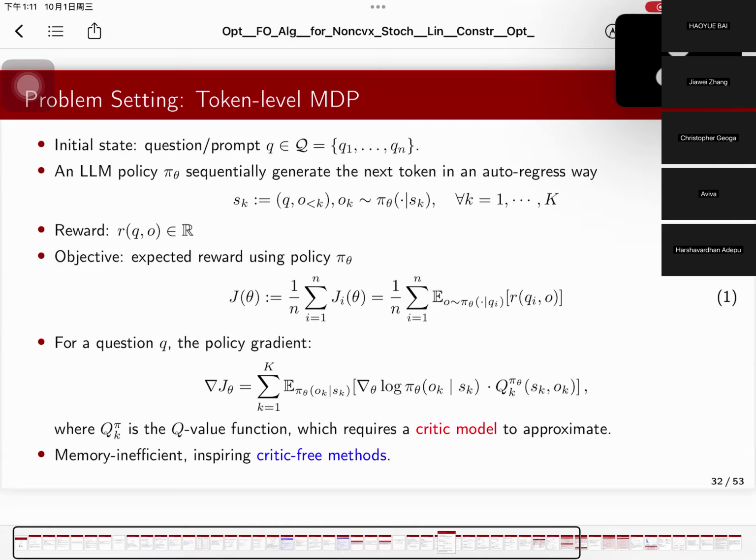To compute the policy gradient, you need to know the value function, the Q function. But if we use another neural network to approximate the Q function, it will require higher memory. So we will consider a critic-free kind of algorithm. We just try to estimate this Q function at each iteration, without doing function approximation.